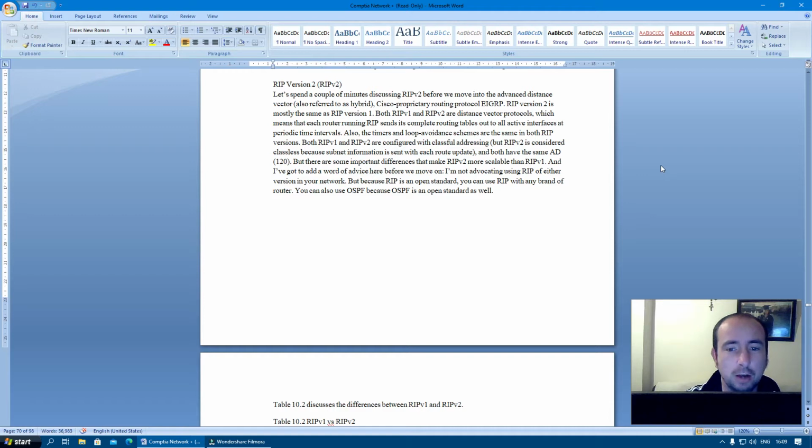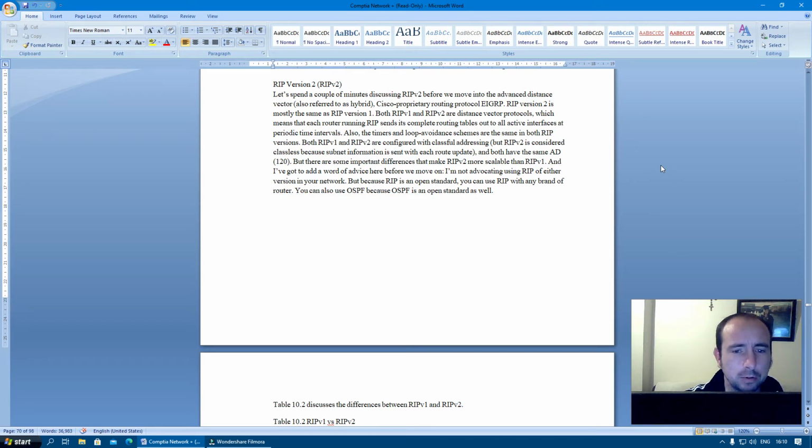Both RIP version 1 and RIP version 2 are distance vector protocols, which means that each router running RIP sends its complete routing tables out to all active interfaces at periodic time intervals. Also, the timers and loop avoidance schemes are the same in both RIP versions.